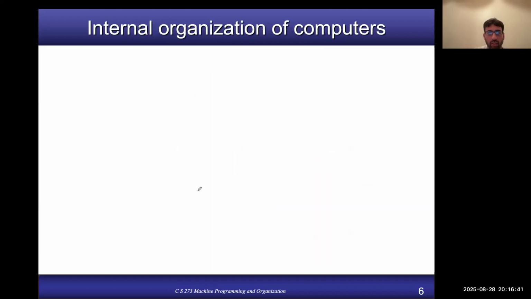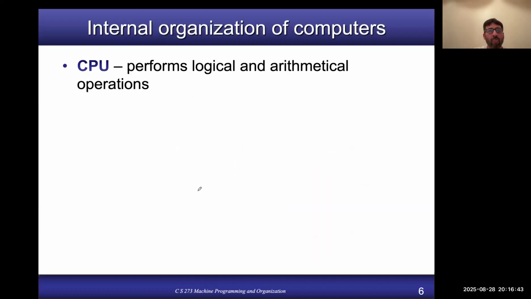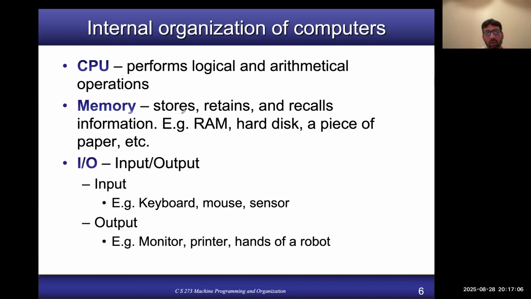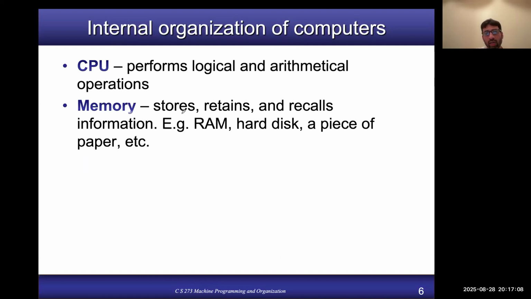Okay. So what is the job of the CPU in the internal organization of the AVR microcontroller? It performs your logical and arithmetic operations. Memory is responsible for storing, retaining, and recalling the information. It holds your data and your code, right? The code memory holds the code, and your data memory holds your data.